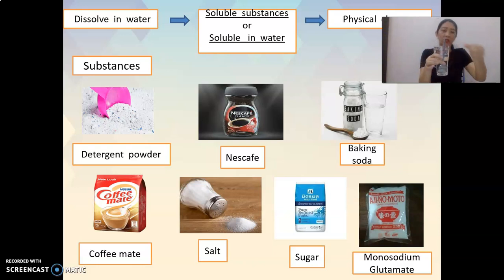When you add it into water then stir, this is dissolved in water, soluble in water. So these are examples of substances dissolved in water and they are soluble in water.